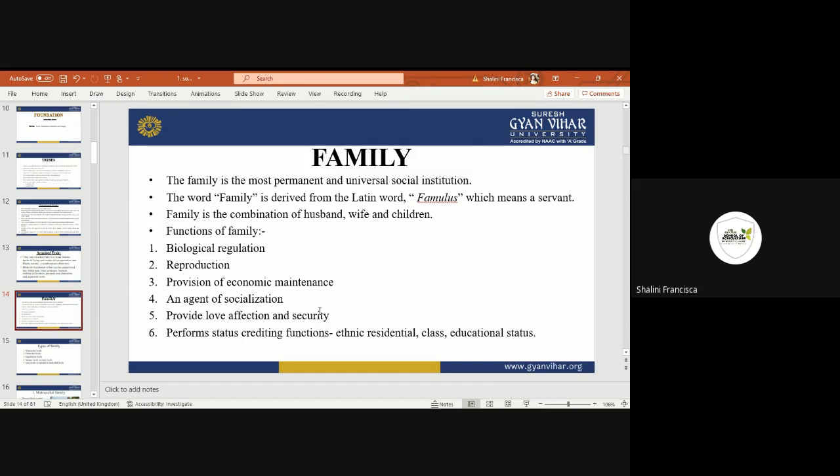Perform status crediting function: ethnic, residential, class, education status. So even apart from these five points, it has some crediting function also. Crediting in the self, in the sense of what you have achieved in your life.